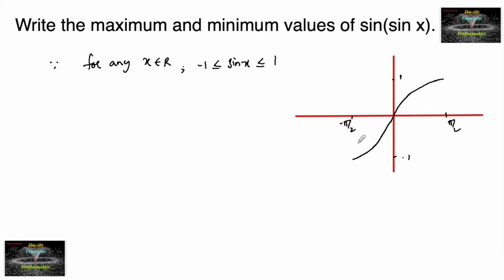This is how the graph of sin x looks between -π/2 and +π/2, and we had -1 and +1 in between, so we can observe that this is sin 1, and here it is sin of -1, which is equal to minus sin 1.